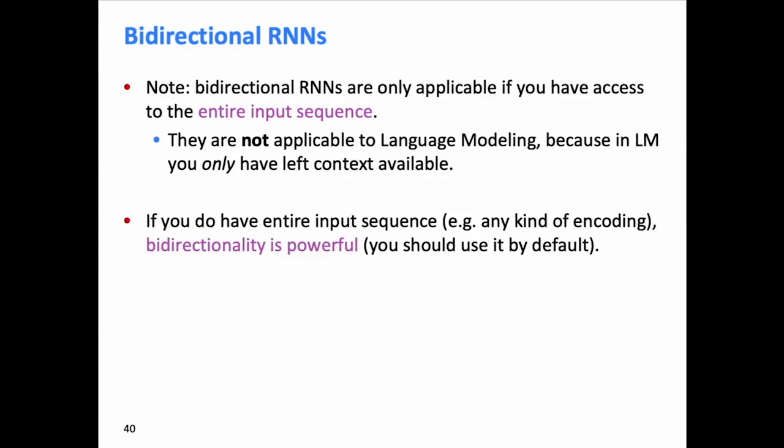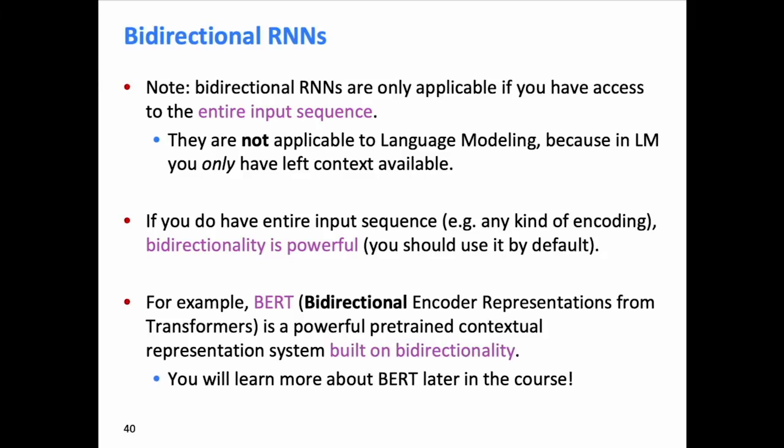However, if you do have access to the entire sequence, for example if you're doing any kind of encoding, similar to this sentiment example, then bidirectionality is pretty powerful, and you should probably regard it as a good thing to do by default, because getting this information from both the left and the right makes it a lot easier to learn more useful contextual representations. As a preview of something you're going to learn about later in the class, there's a model called BERT, B-E-R-T, which stands for Bidirectional Encoder Representations from Transformers.